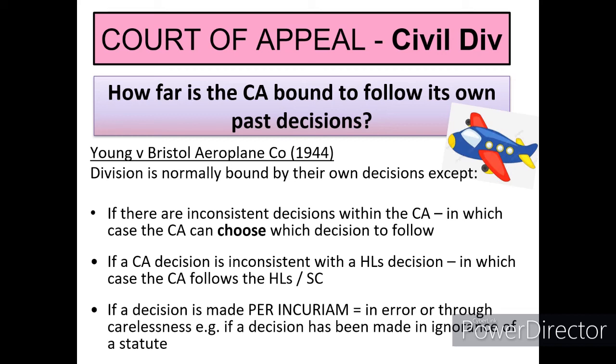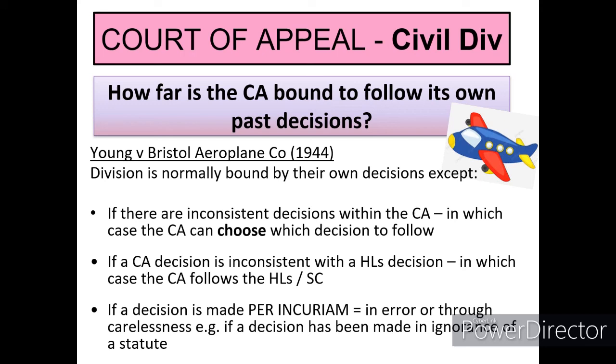Then another exception would be if a Court of Appeal decision is inconsistent with a House of Lords or Supreme Court decision. In this case, the Court of Appeal must follow the House of Lords or Supreme Court precedent. And finally, another exception to the rule is if the decision has been made per incuriam, which means in error, or through carelessness.